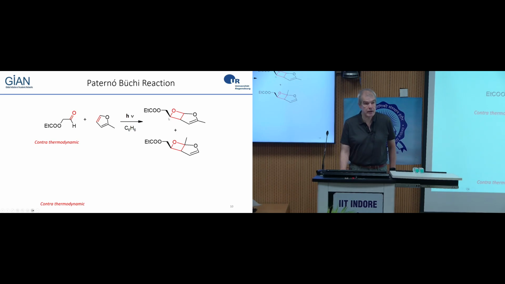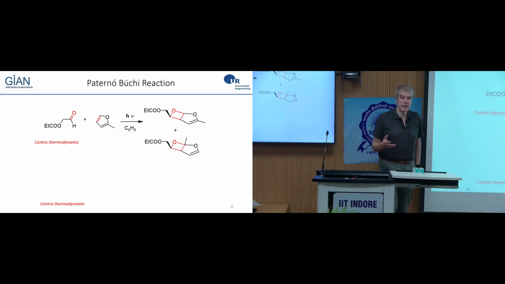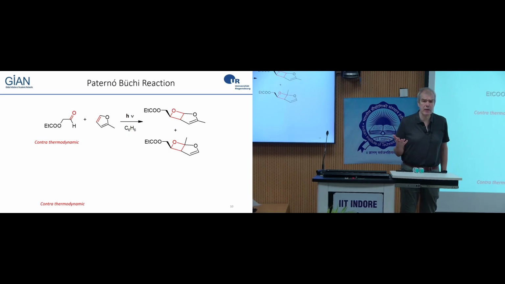And again, clearly, this is contra-thermodynamic, and I will actually show this to you in a little bit more detail in just a moment, because we have calculated this. This is about 24 kcal uphill in this reaction. And why is this? Because we are breaking the aromatic ring, aromaticity in the furan, about 15 kcal. We're making a strained four-membered ring, so we're introducing ring strain. That's another 27 probably. So it's 27 plus 15 is 42.